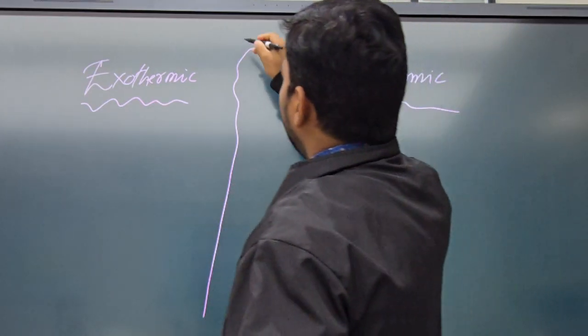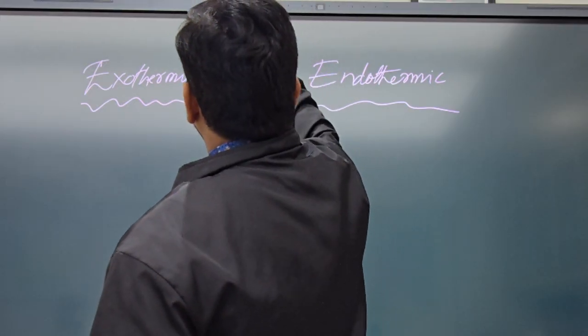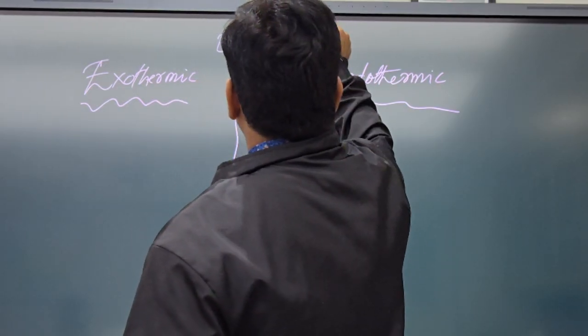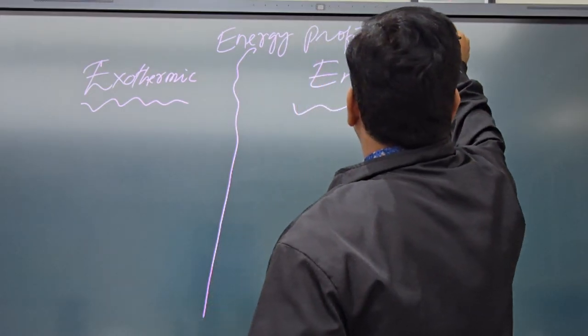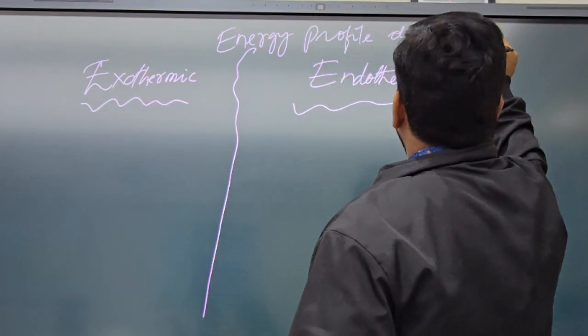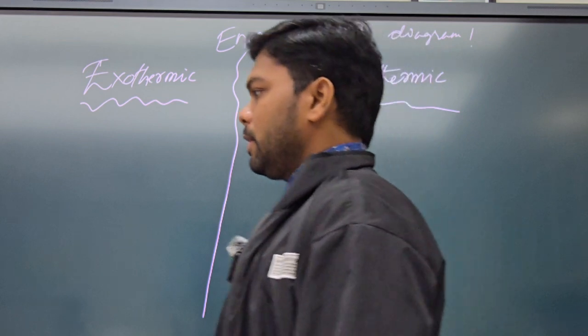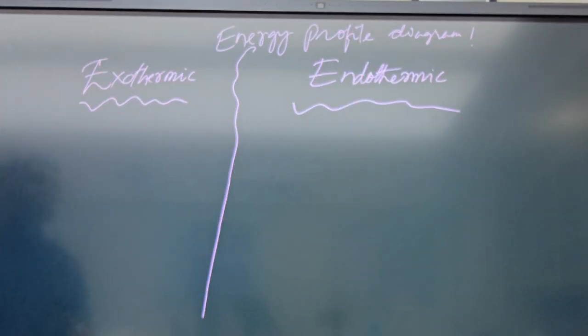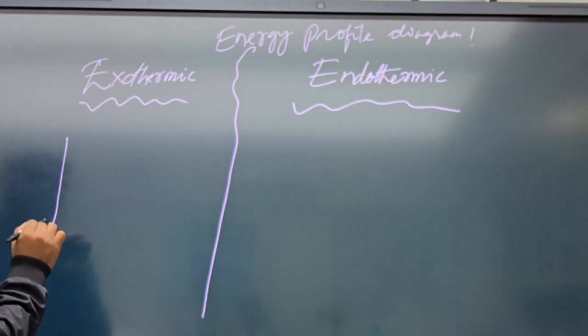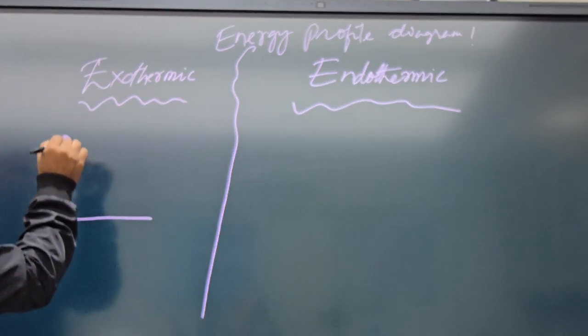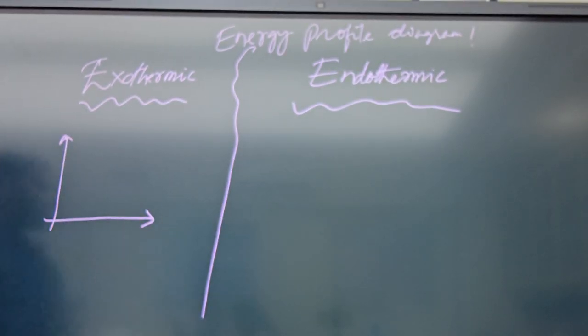So we are going to draw the energy profile diagram. This is the energy profile diagram. This is a two-dimensional structure, x-axis and y-axis.